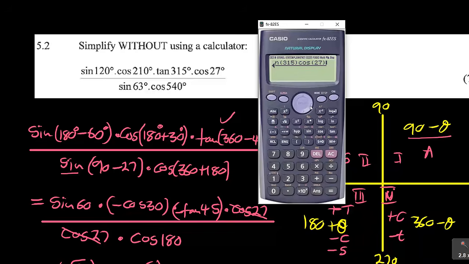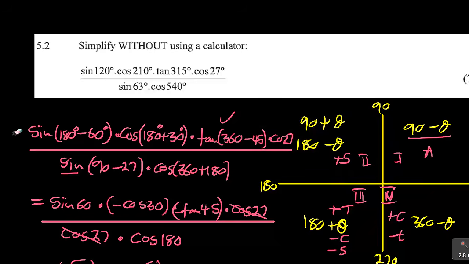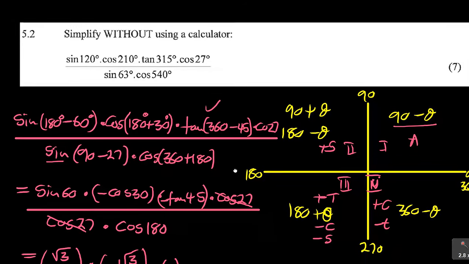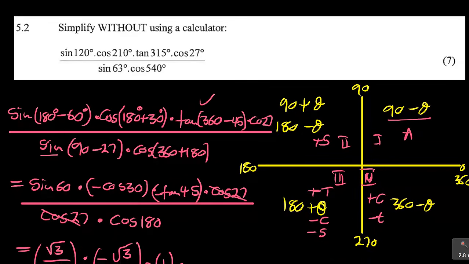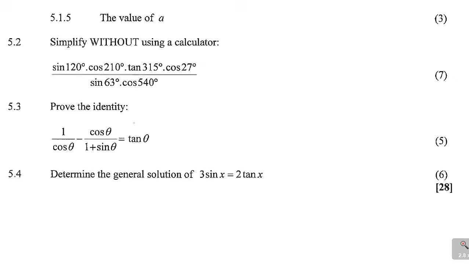Always remember to open and close brackets, and then sine 63, close, cos 540. Then you do that, equal to is negative 3 over 4, which is the answer that we also got as negative 3 over 4. So guys, this is how you can get that 7 marks, and I wouldn't want you to lose that 7 marks out of that. So that was that question.